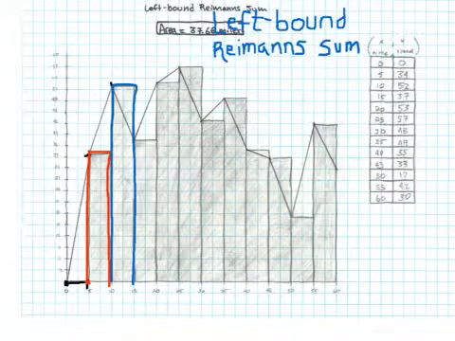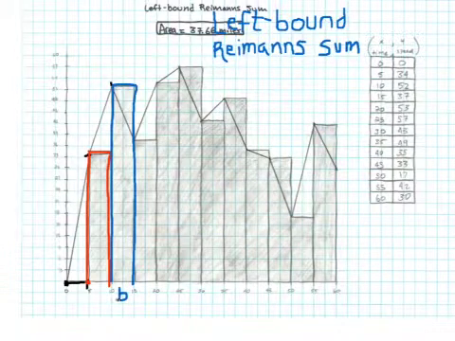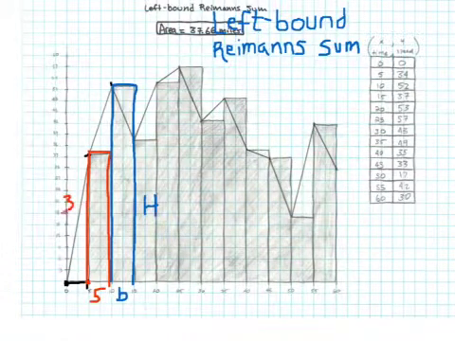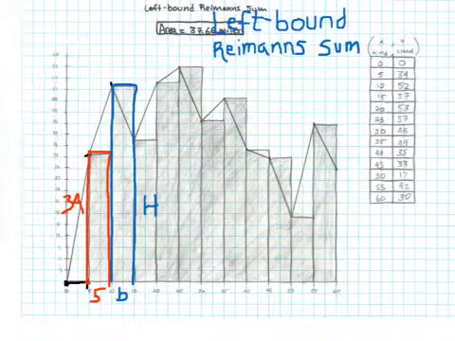Once you've done it for the entire graph, you can simply multiply the base times the height to get the area of each block. The area of this red block is 5 times 34, which equals 170. Now 170 doesn't seem right because our units are a little messed up.